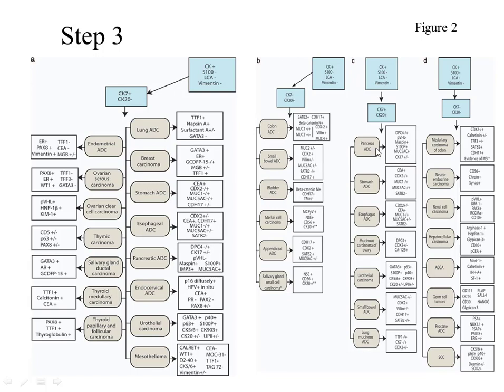So we separate into the 4 main groups with the help of cytokeratin 7 and cytokeratin 20. Then we add other markers, other antibodies, and with the help of these additional markers, we can separate the tumor which we need in this investigation.